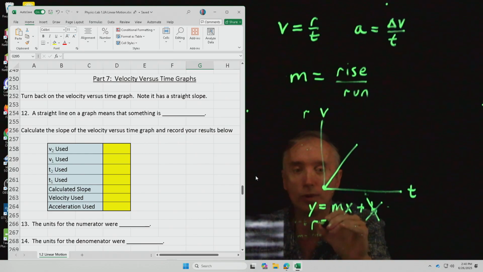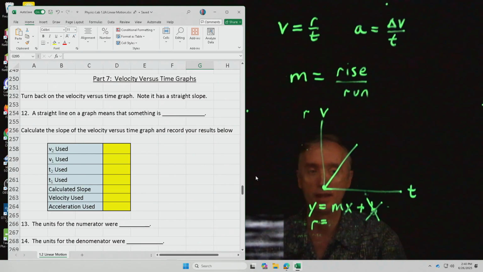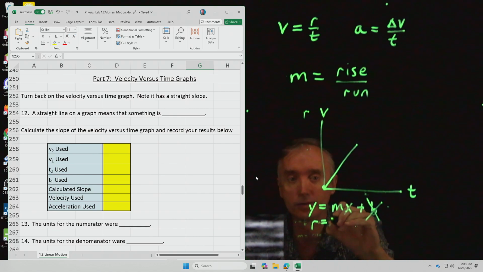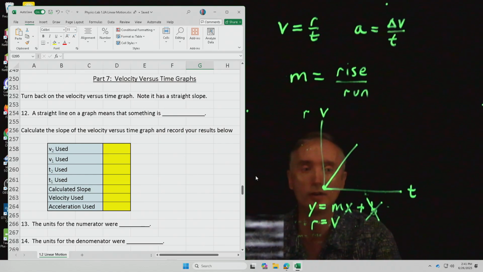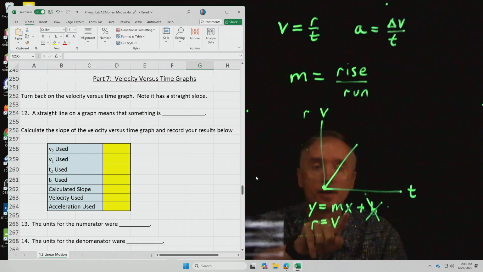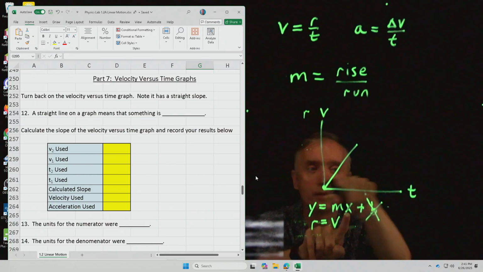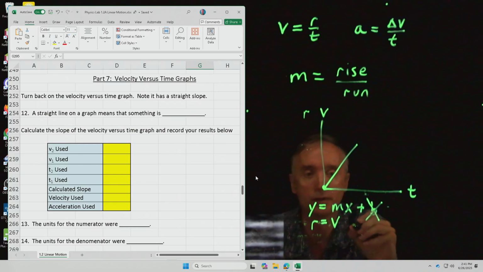Then we had the slope, and the slope turned out to be the velocity of the object. So v for velocity, and then instead of the letter x, we're going sideways. That's the letter t. So we end up with this equation that the distance something travels is equal to its velocity multiplied by time.